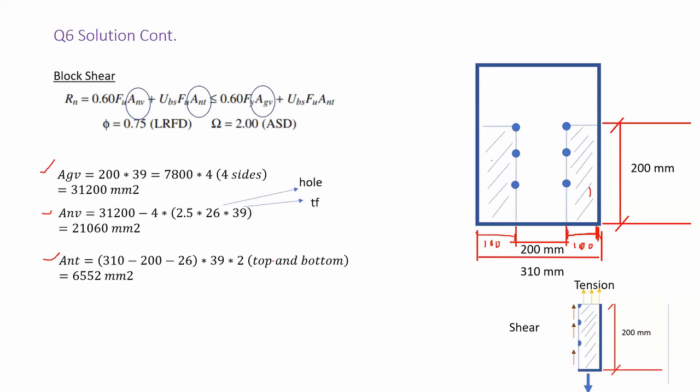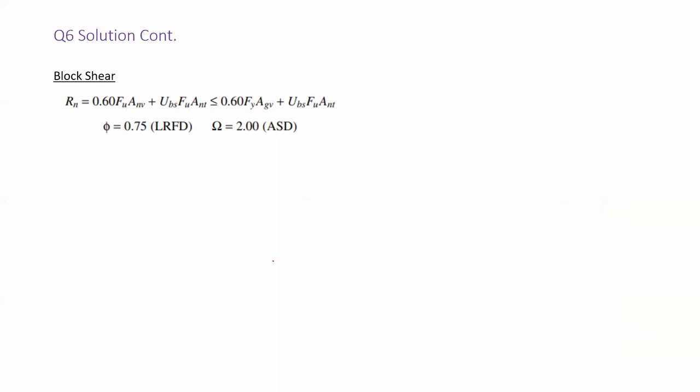Since we have found all of these, we can check our equation now for the block shear. In this equation, we have to check this part at the beginning, and we have to check this part. Now you compare between both values, and you have to pick the smallest value. Why is that? The smallest value shows you how the failure would take place.